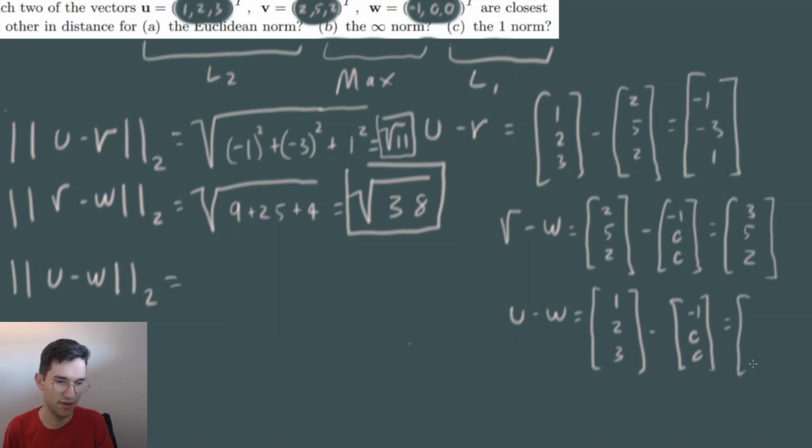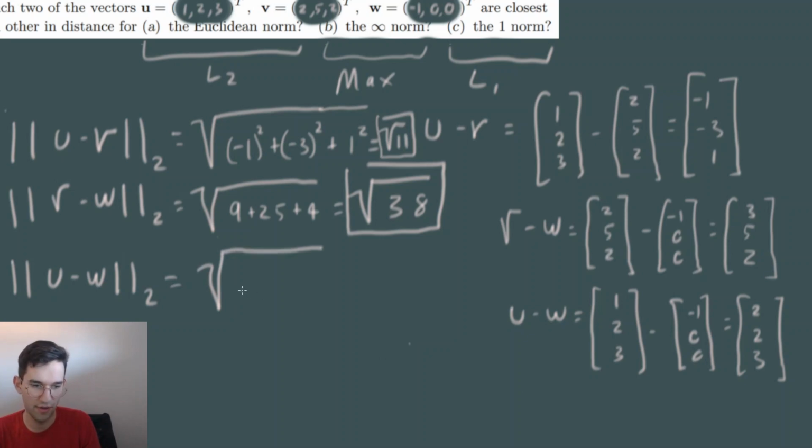That equals 1 minus negative 1 is 2. 2 minus 0 is 2. 3 minus 0 is 3. So we're going to have the square root of 2 squared, 4, plus 2 squared, 4, plus 3 squared, 9.